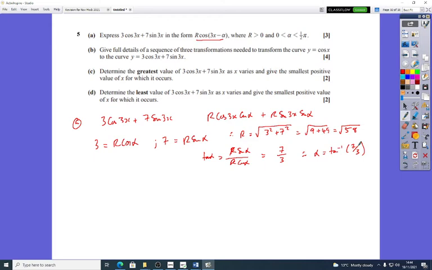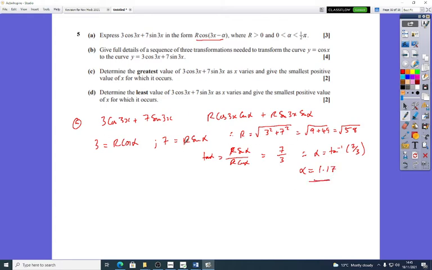So if you do shift tan inverse of 7 over 3, your calculator will give you 1.165. Rounding to 3 significant figures, you'll get 1.17.